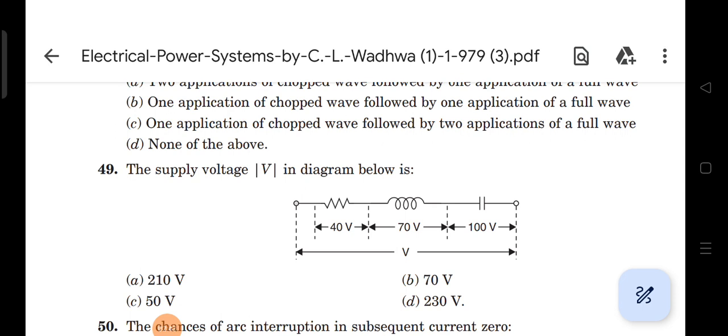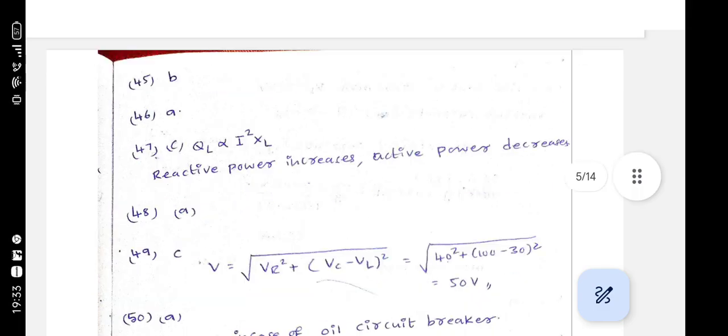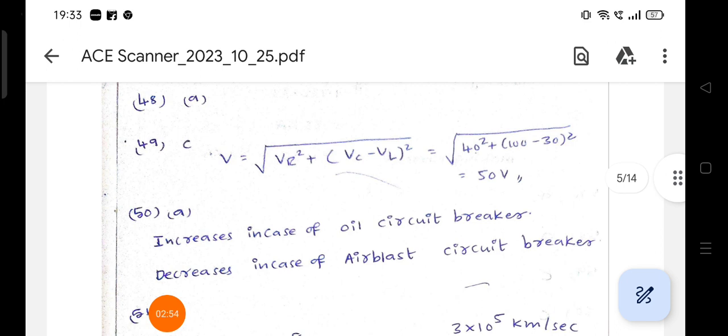Okay, now see the answer here. Total voltage V is equal to the square root of VR square plus (VC minus VL) whole square, right? Here VC magnitude is greater than VL, right? Then VR value is given as 40, that is 40 square plus (100 minus 30) whole square, that is square root of 40 square plus 70 square. 40 square is nothing but 1600, right?